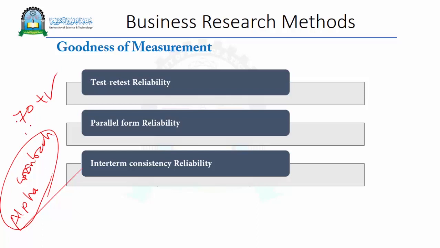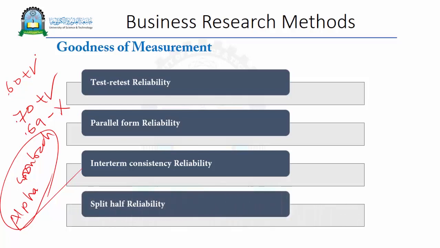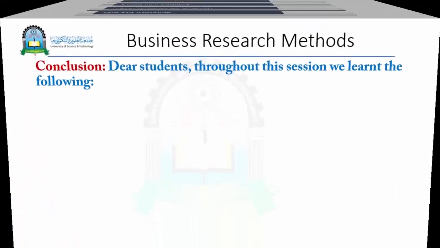If less than that, let's say 0.69, it is not reliable. Some researchers accept 0.60 plus as a reliable questionnaire. The last one is split half reliability, which is again splitting the questionnaire into two different parts, collecting data for both of them and finding out whether they correlate or not.